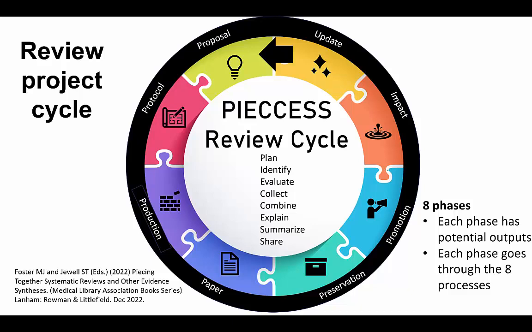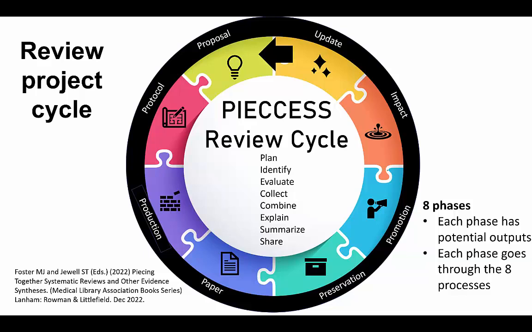Next week we'll get into the production phase, where we're going to focus mostly on searching and all the things that go along with that. Then the following session we'll get into the paper, and then our last day will be the other 4 plus talking about running a service.